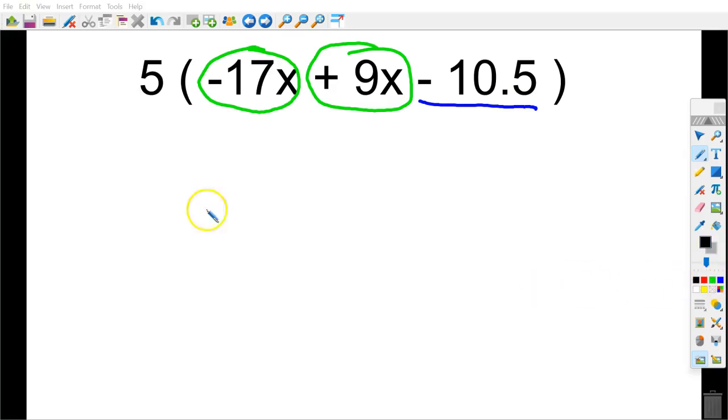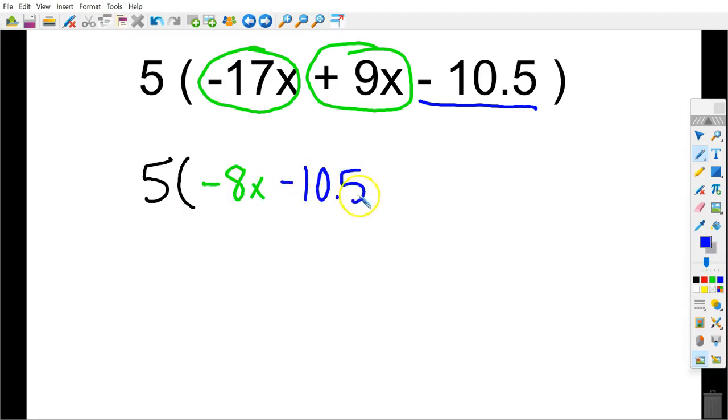So let's rewrite this after solving the like terms. So negative 17x plus 9x is basically 17 minus 9, which is 8x. And we keep the sign of the bigger number, so it's negative 8x. Then we have minus 10.5 because we don't do anything to it. All right? Now we are going to distribute.